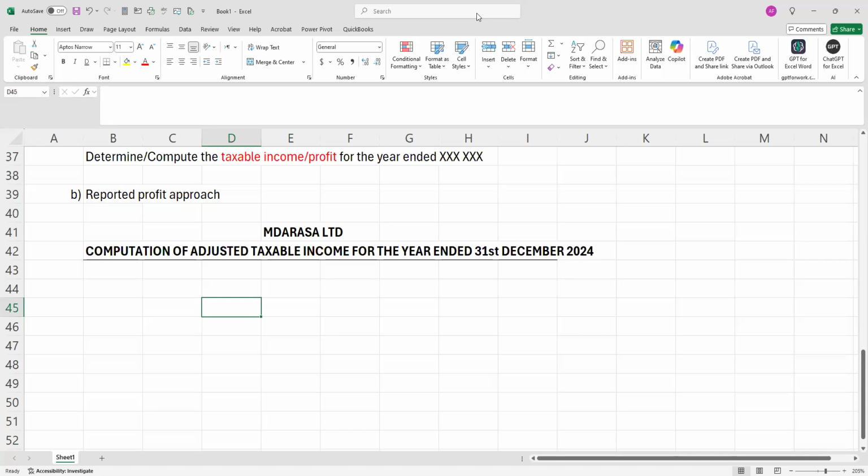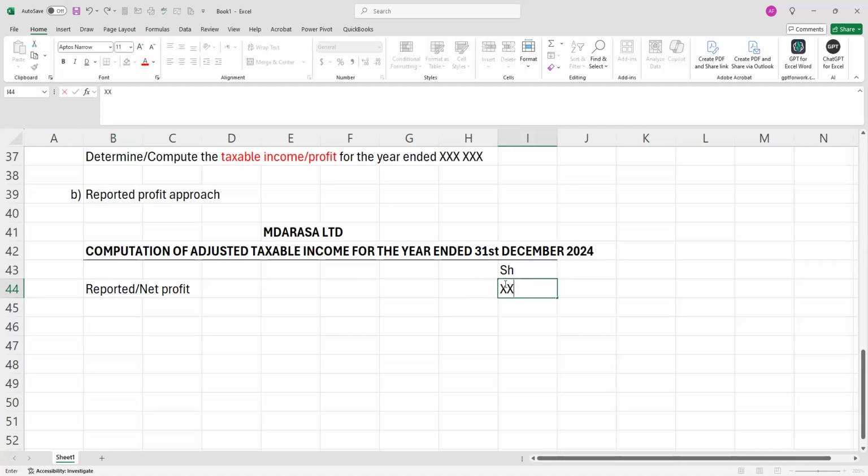Once we figure out the theory of the adjusted taxable income, we start with what has been prepared by the financial accountant. There is the reported profit, or net profit, prepared by the financial accountant. We need to adjust with the following.